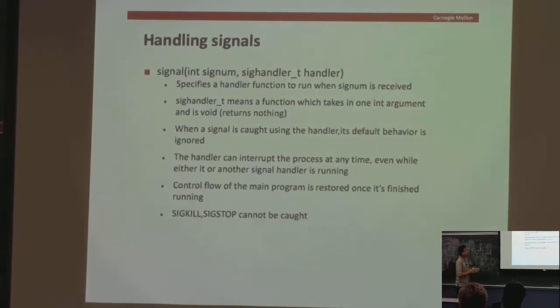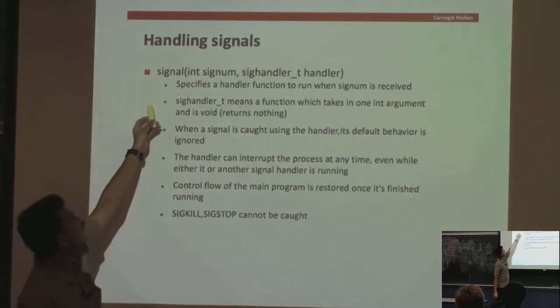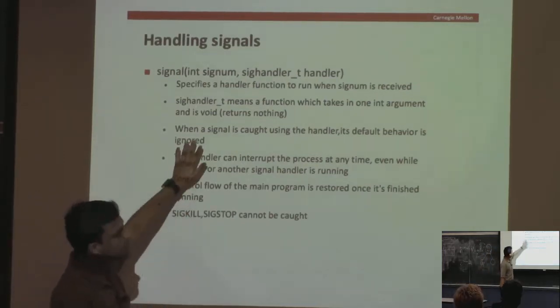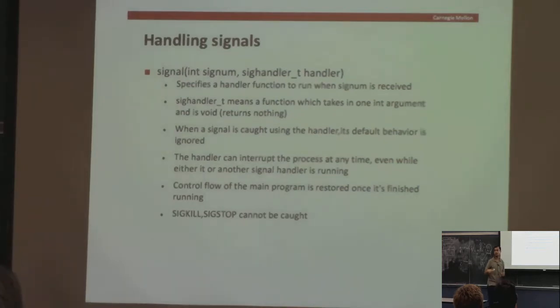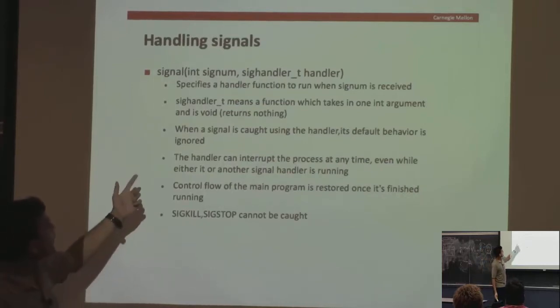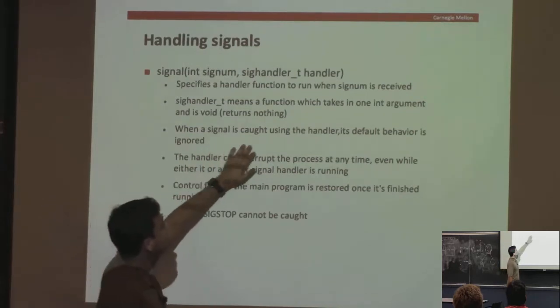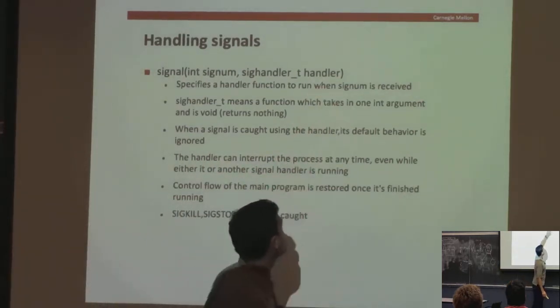And in terms of handling signals, you have the signal function, which takes the signal number and the handler. This is for you to register your own signal handler, the case 3 that we spoke about in terms of handling signals. You're saying this is the signal number, and corresponding to it, this is the handler that I want you to execute.